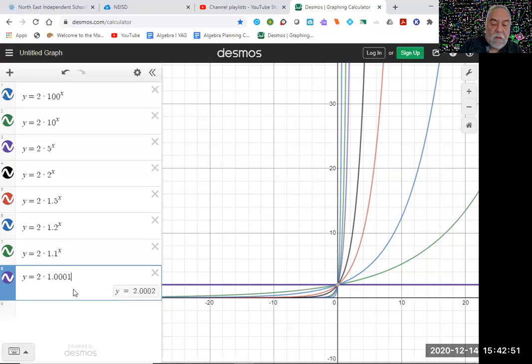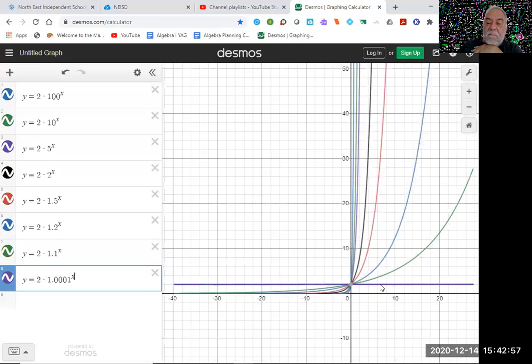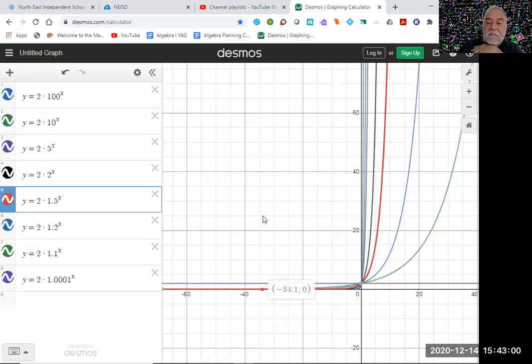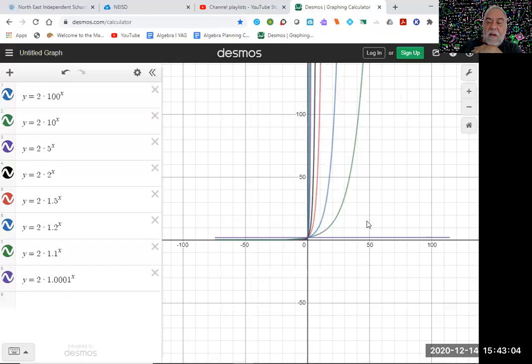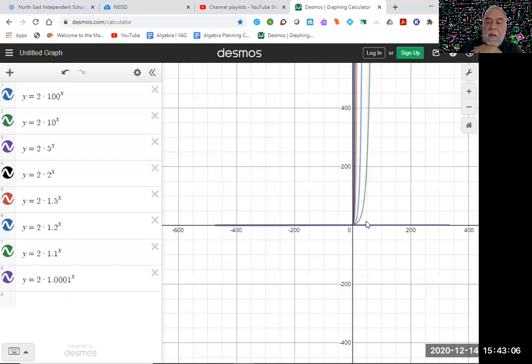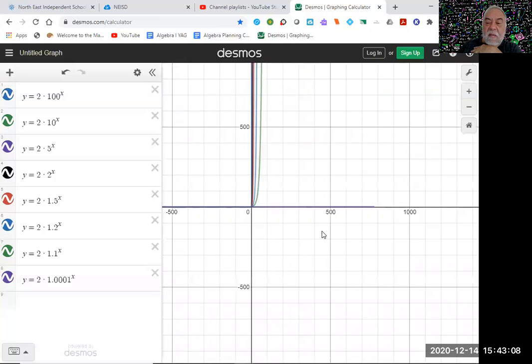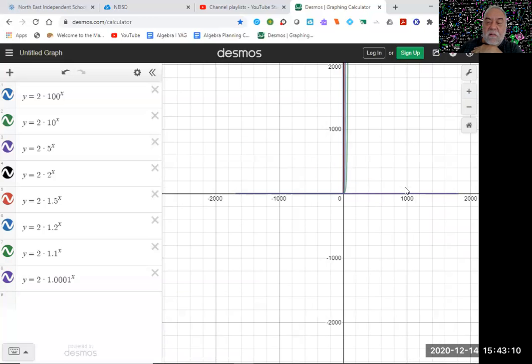1.0001 to the x. Now, it almost looks like a straight line. See that? If I zoom way out, it still almost looks straight.